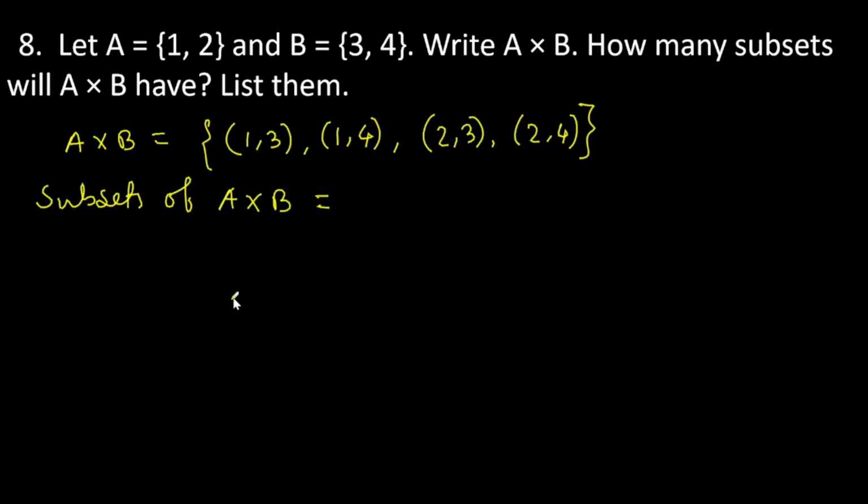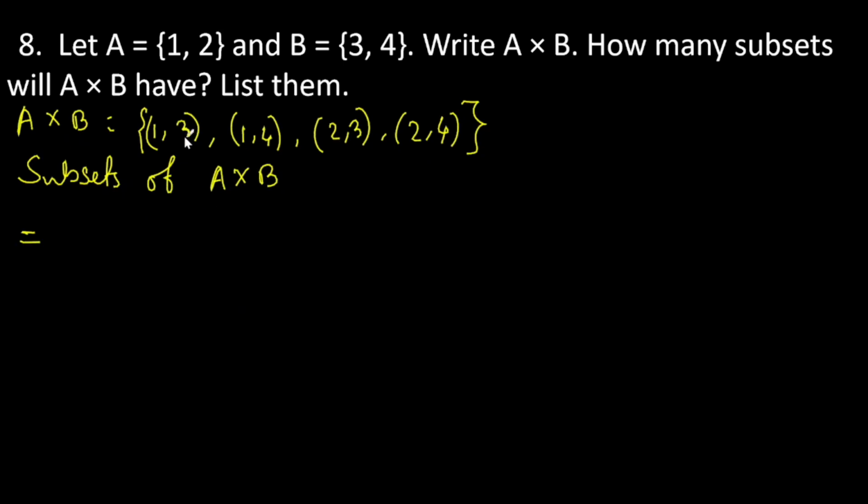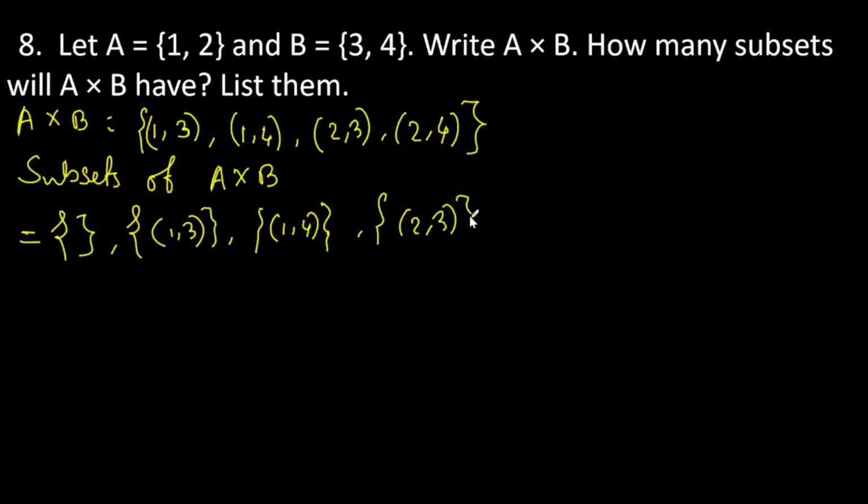Okay. So how can we write? There is a systematic process. How? We'll write according to the number of elements. So first we'll write the set containing no element, the empty set. Then we'll write sets containing 1 element. So these are the elements: 1, 3, 1, 4 and 2, 3 and 2, 4.